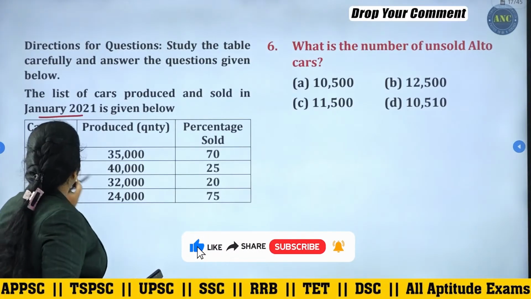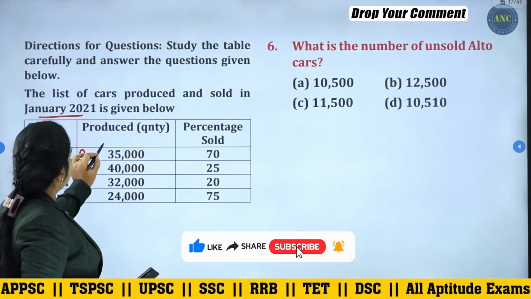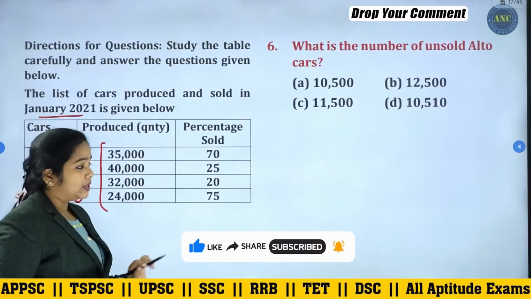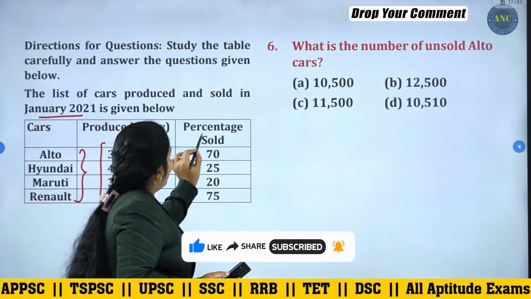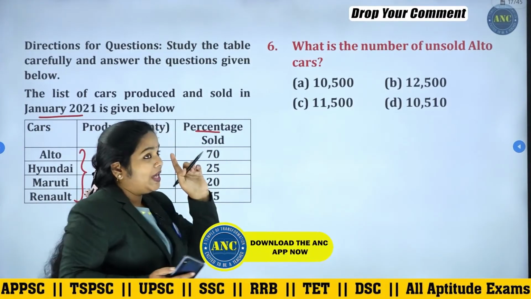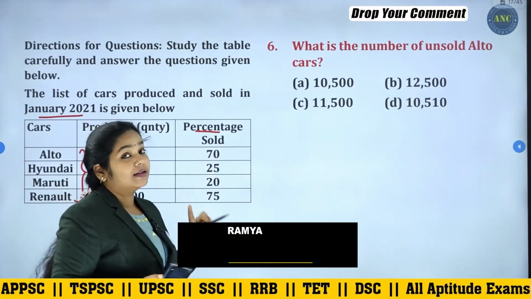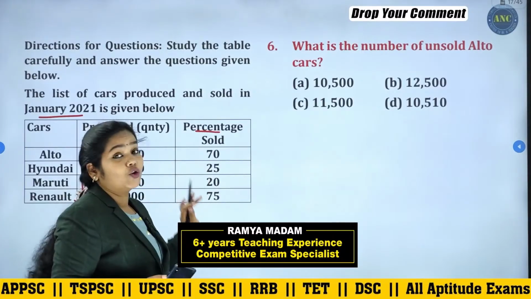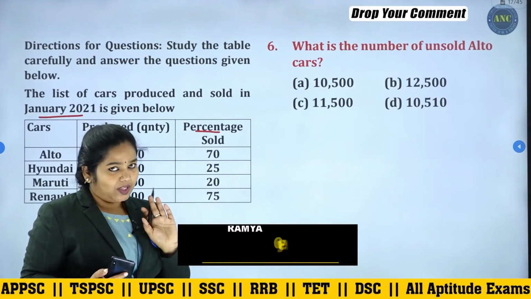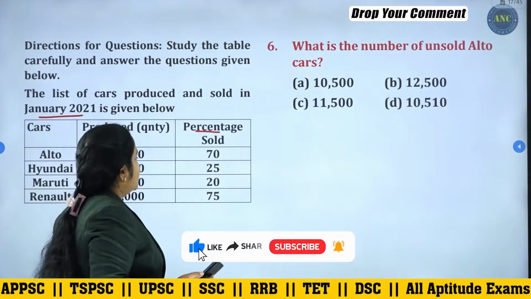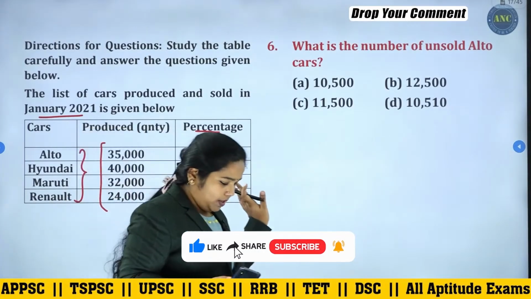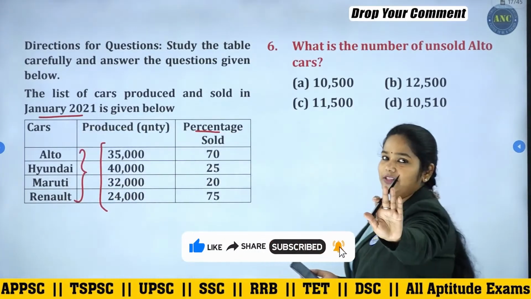We have 4 different cars here, with the number of cars produced, and remember, read the question carefully. It is the percentage of cars sold, not the number of cars sold. So we have seen the table, that is the only work we have to do here.